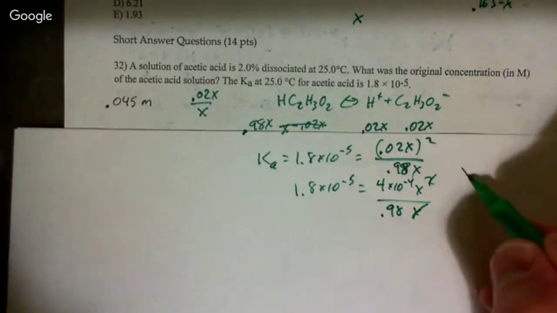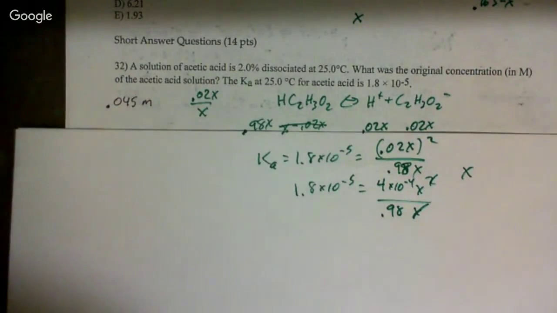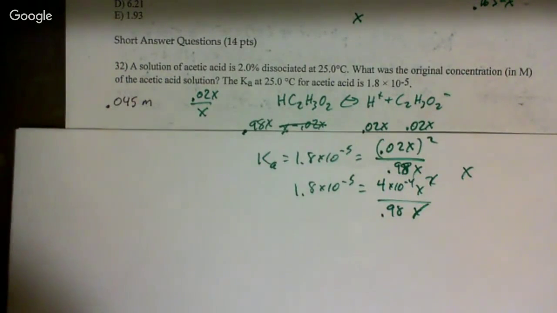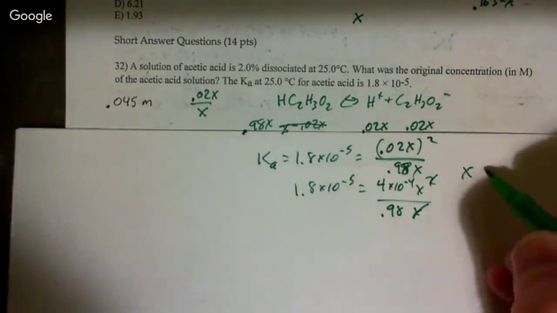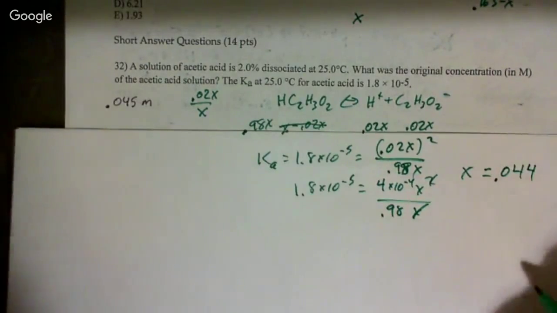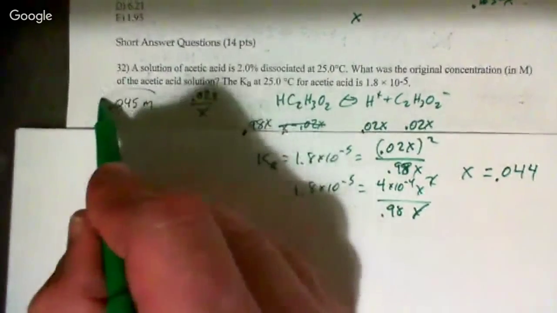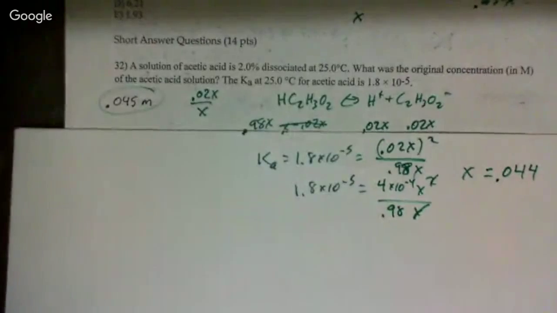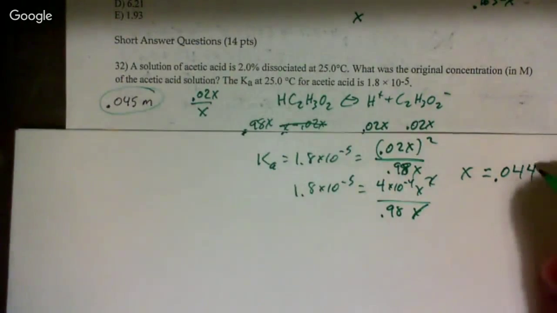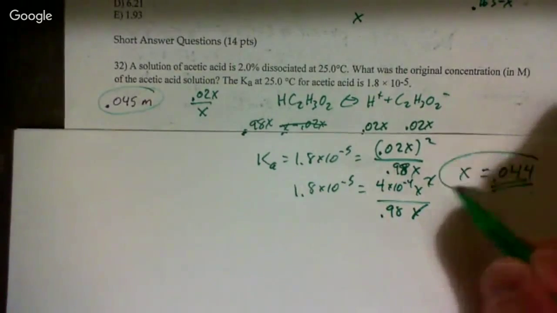Hopefully my algebra is making sense here. 1.8 times 10 to the negative fifth, I'm going to multiply the 0.98 over, and then divide by 4 times 10 to the negative fourth. I am hopeful that 0.044 is the answer I got. It depends really on how you round it, I think, perhaps. And at this late hour, that is close enough for government work.